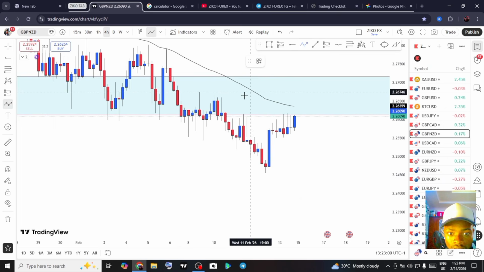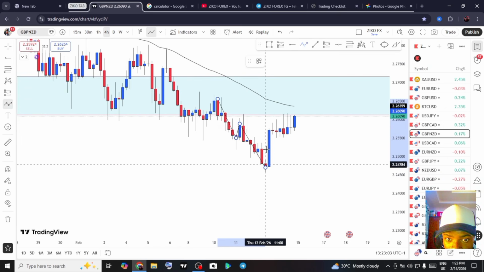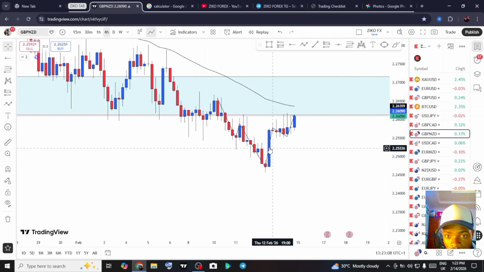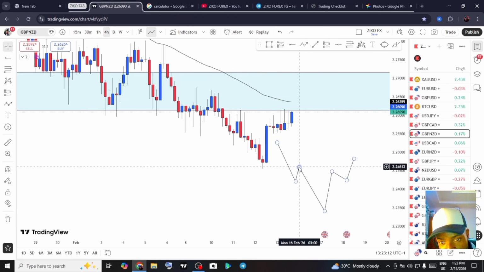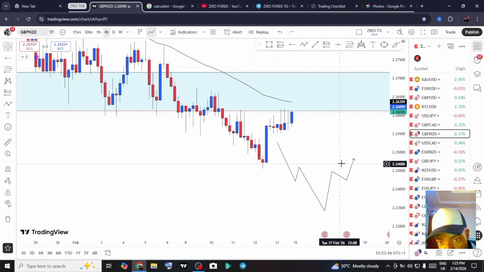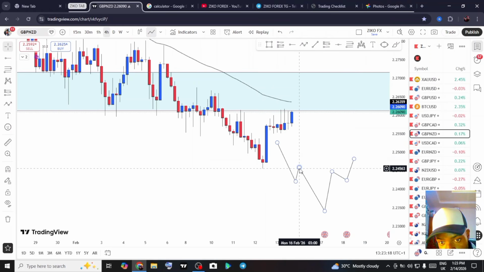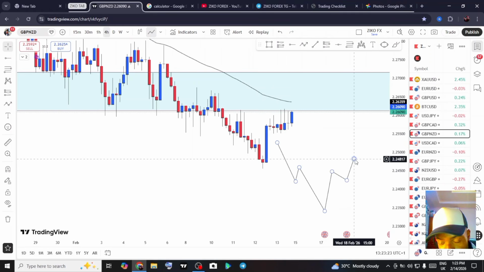Right, so this right here, price was selling to the downside, retrace, sold to the downside, retrace, came here, and it's now up. If I bring these lines down, you can clearly see that this right here was the lower low, and this was the lower high. As soon as price broke above this lower high right here, it means that this will now become the new higher high, and this is now the new higher low.